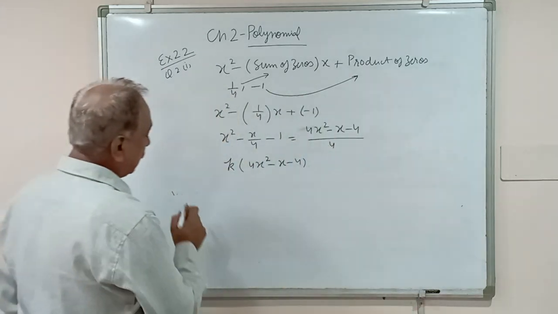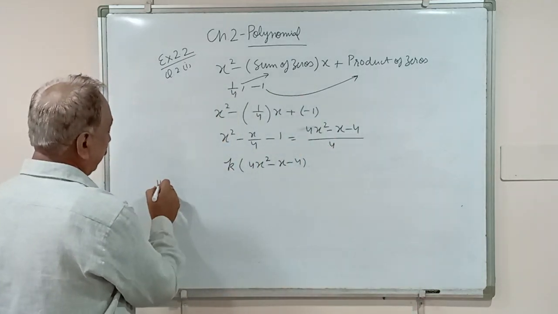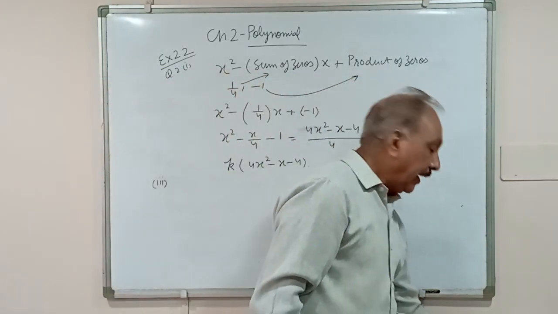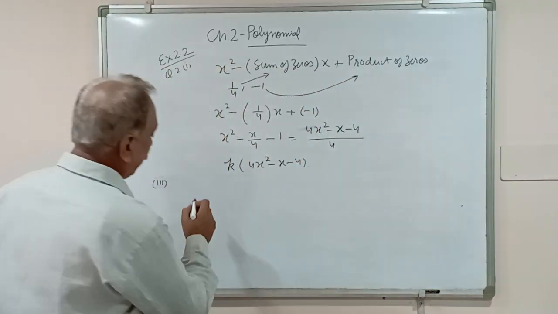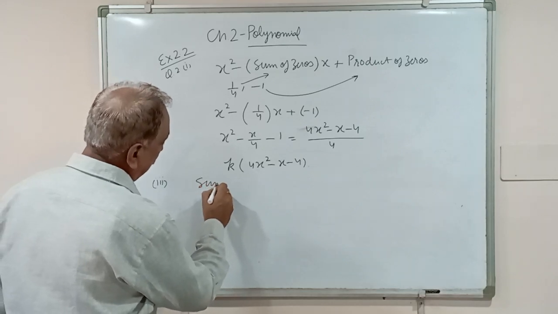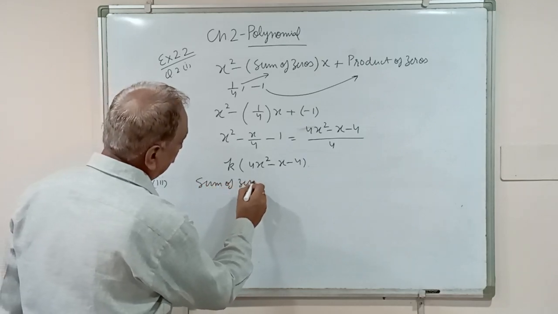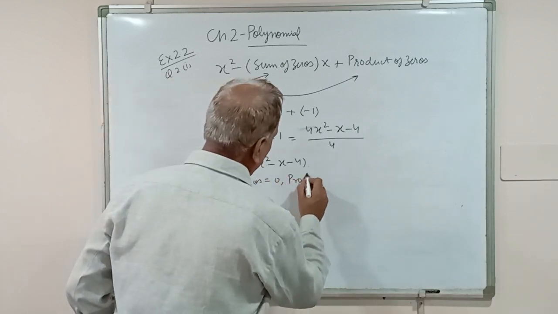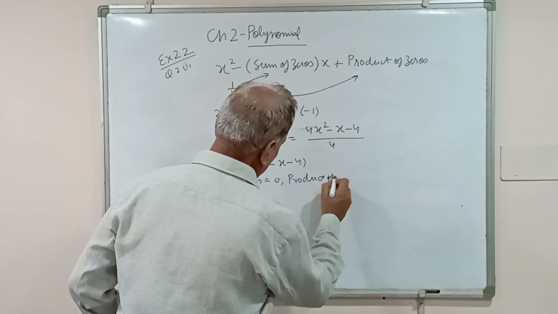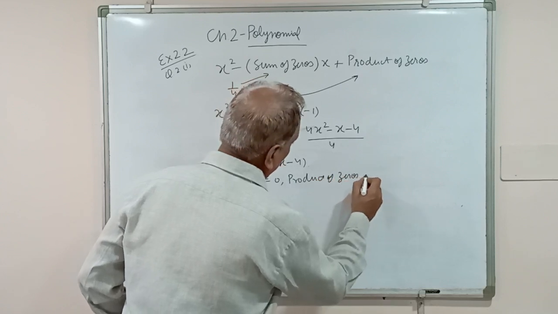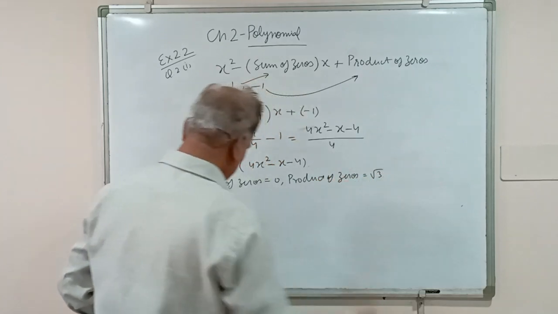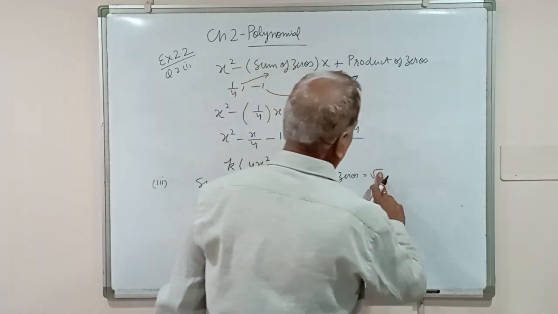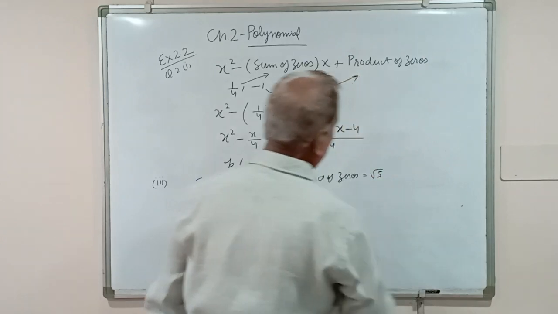Its third part, sum of zeros is 0 and product of zeros is root 5.